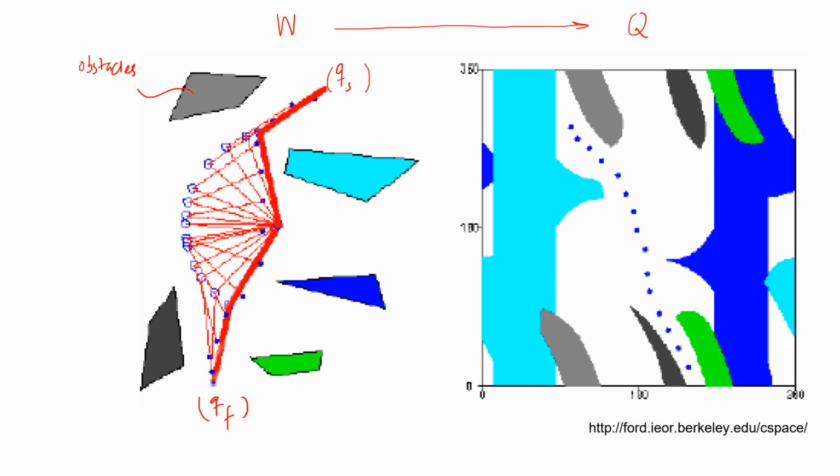You can see that all these obstacles are color-coded in this example, and the same codes are mapped onto the configuration space. For example, this obstacle is mapped right over here and somewhat over here in the configuration space. Similarly, this blue obstacle is mapped over here, as well as a part of it appearing over here.